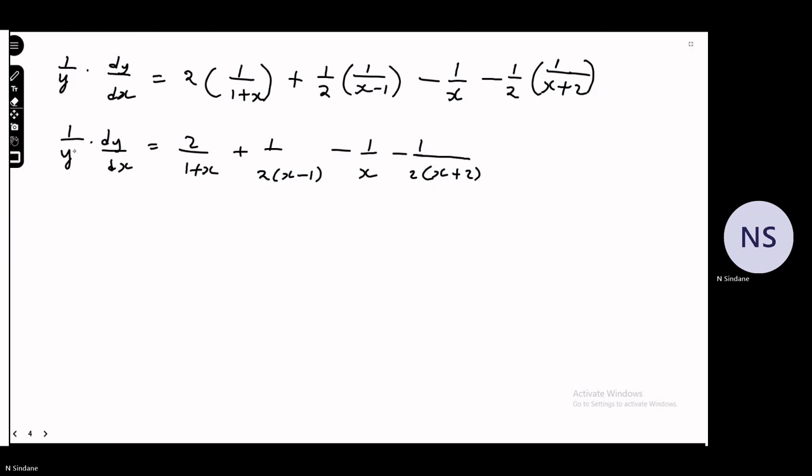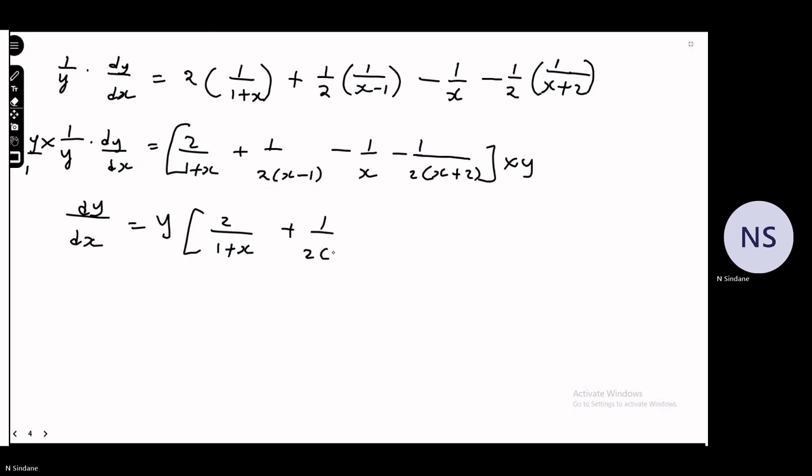I'm going to have to multiply by y both sides. Multiply by y. And this is similar to dy over dx is equals to y into 2 over 1 plus x plus 1 over 2 into x minus 1 minus 1 over x minus 1 over 2 into x plus 2.